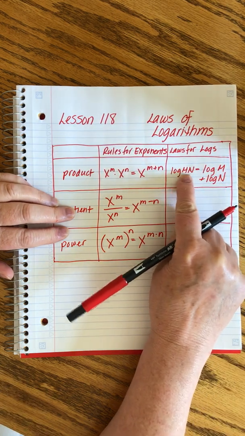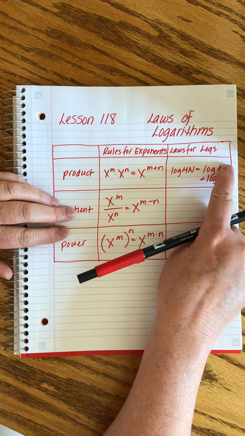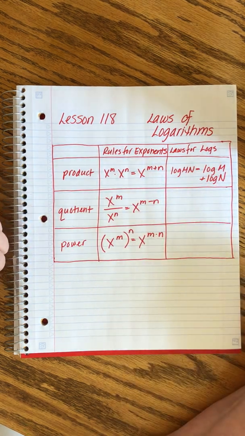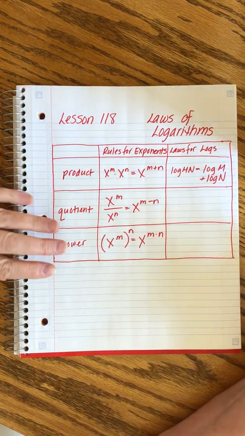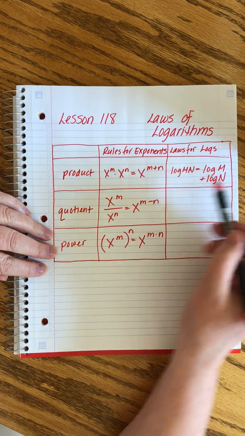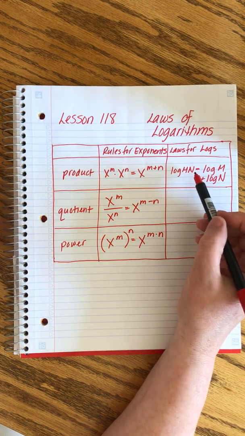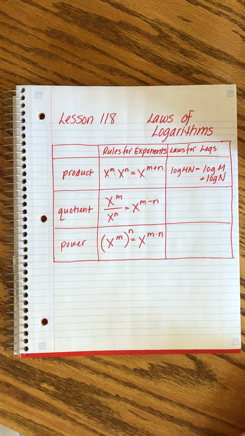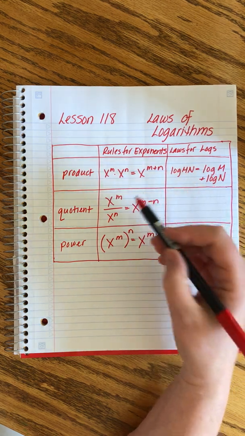If you're multiplying in the argument, you can make them separate and add them. Now, this looks a little different than that. I'll agree with that. But multiplying goes with addition. It doesn't look exactly the same because the t-shirt's inside out, if that makes any sense to you. But multiplying goes with addition.